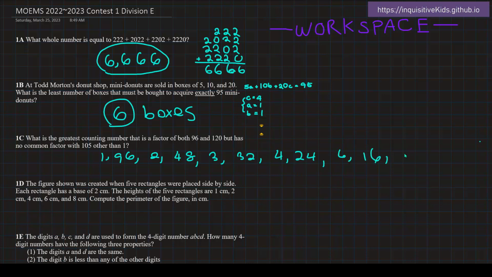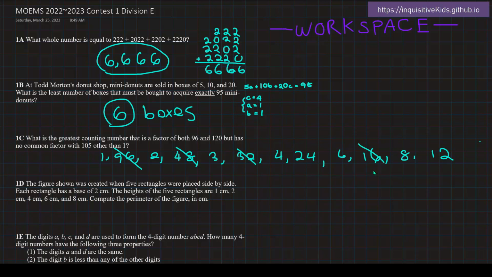And finally, we also have 8 and 12. So these are the factors of 96. Now we can cancel out the ones that are not factors of 120. So we can cross out 96, 48 goes out as well, also 32, and 16.